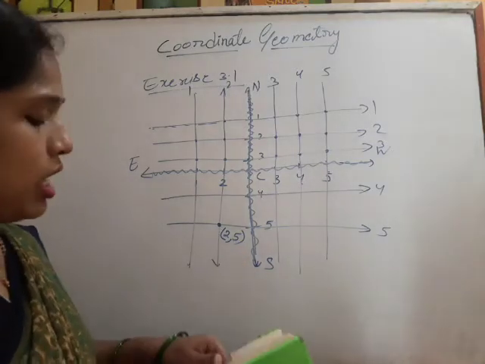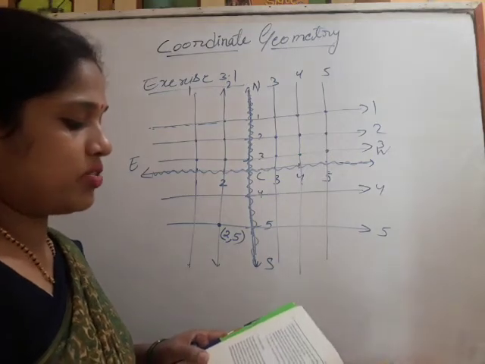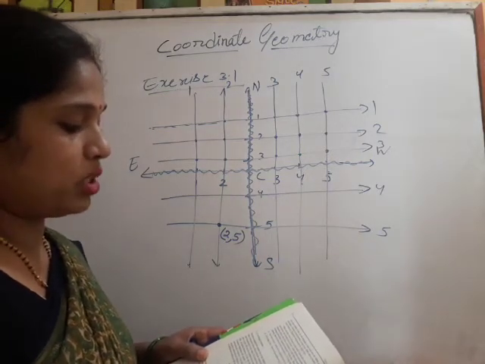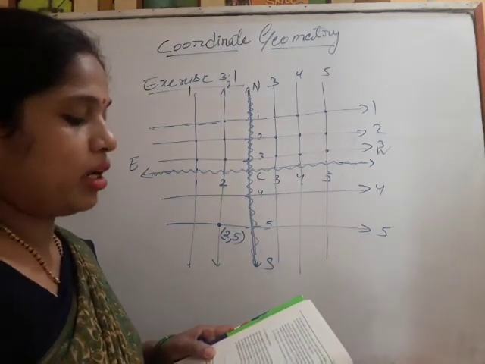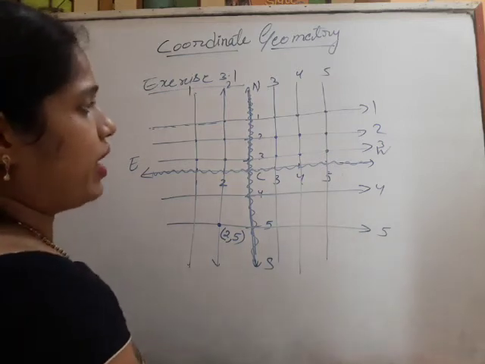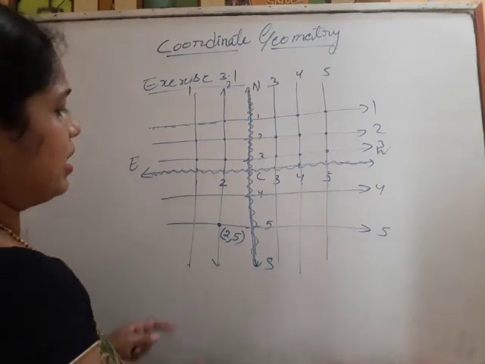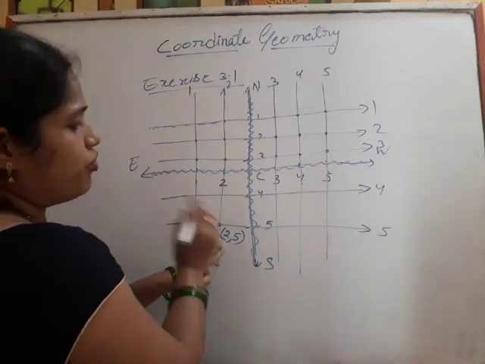Using this convention, find how many cross streets can be referred to as 4, 3, and how many as 3, 4. Let us find out where 4, 3 and 3, 4 will be written, like we got 2, 5.